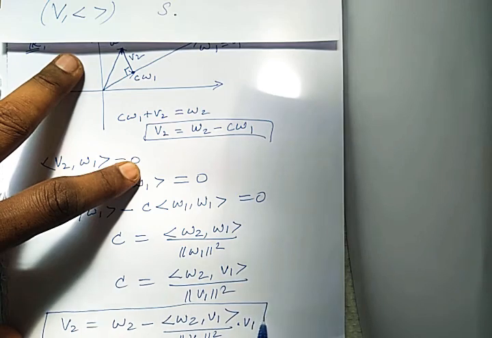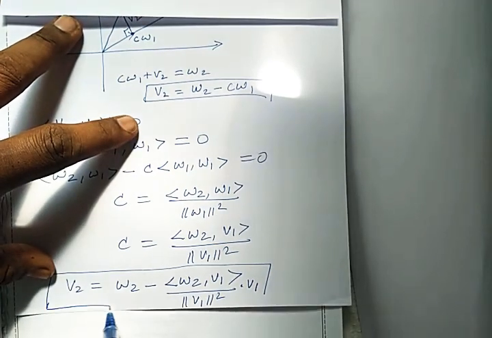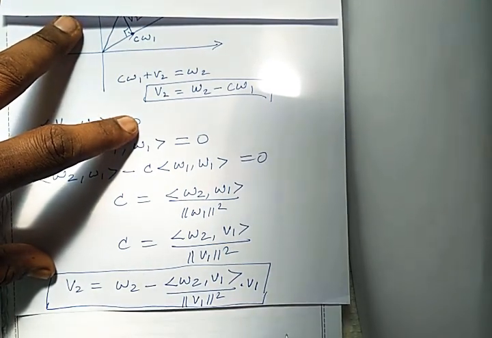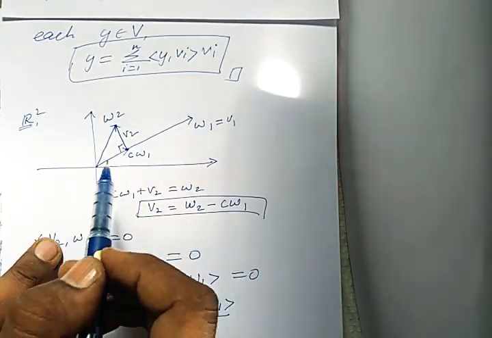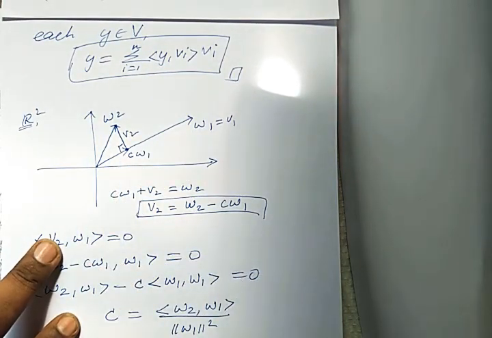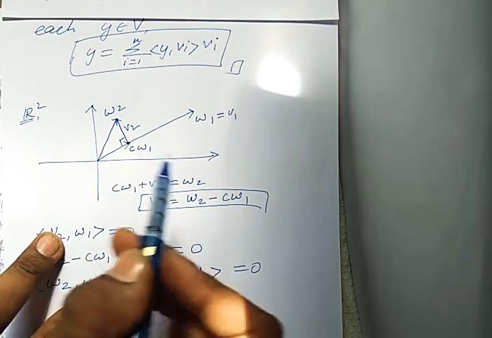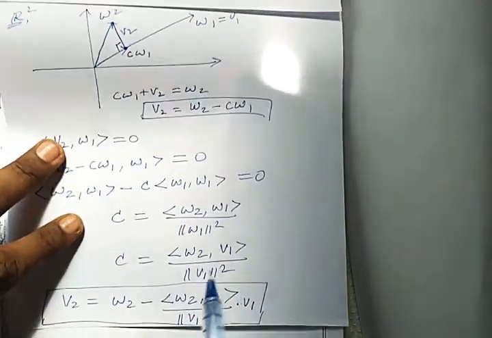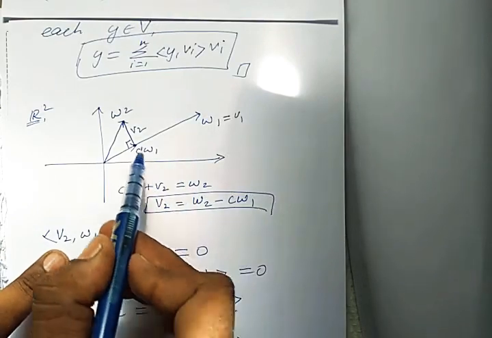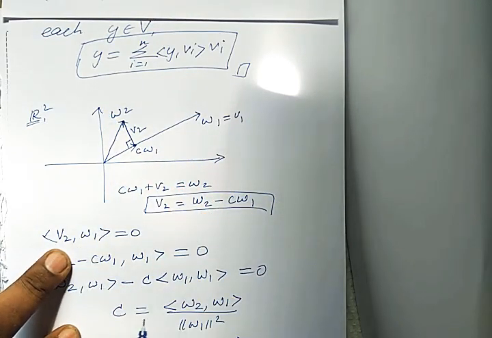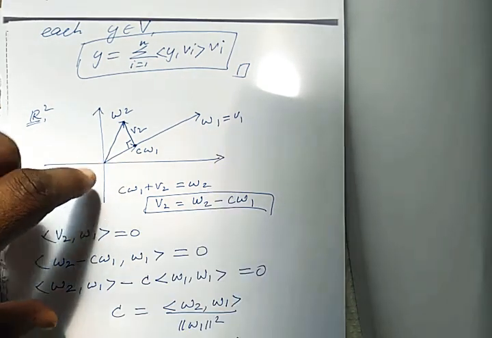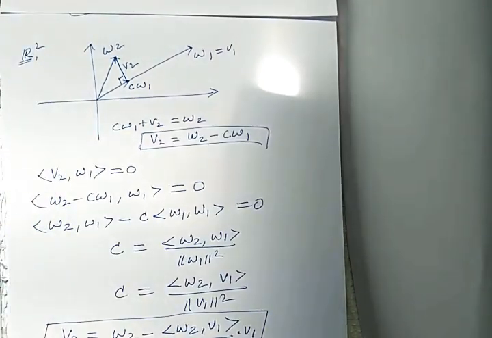So just look at this. If we are given W1 and W2, linearly independent vectors, we are able to find V1 and V2 such that V2 is perpendicular to V1, and to find V2, this is the formula.